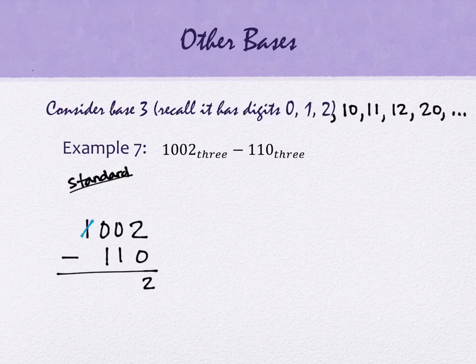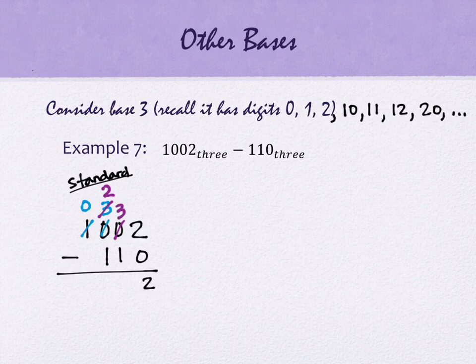So this 1 will have to go down by 1. But I'm in base 3. So when it goes down by 1, it's going to borrow 3 into the other column. So I've added 3 here. And that'll be fine, except that I have to do it twice because I have another column that still needs something. So I do this one more time. This 3 has to go down 1, and I regroup a 3 over here.